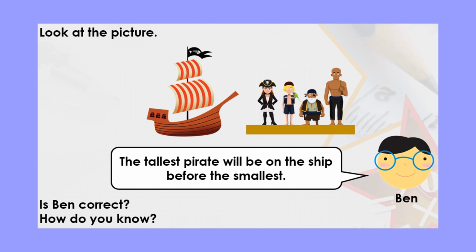Ben is wrong. And the reason we know that is because if you look at the pirates and the order in which they are standing, you can see that the tallest pirate is last in the queue. So the girl pirate will be first and the tallest pirate will be last.